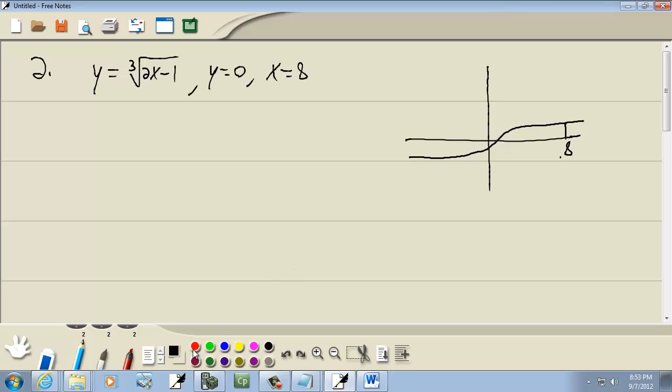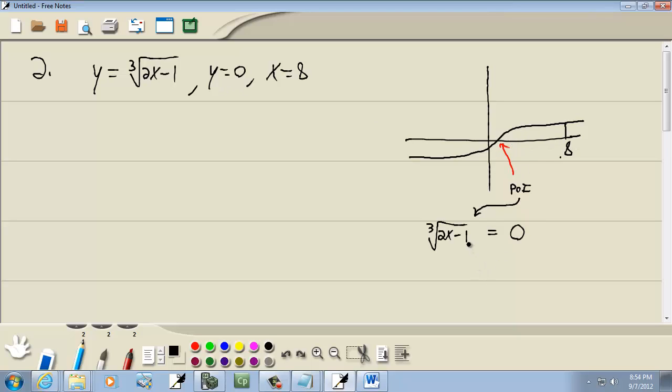The question is, what's this starting value right here? Now that's the point of intersection of this cube root and y is equal to 0. That's what this line is right here, the x-axis.